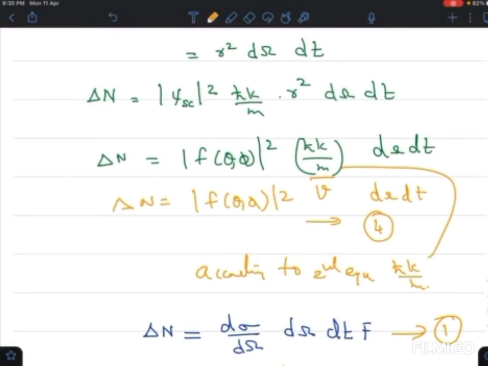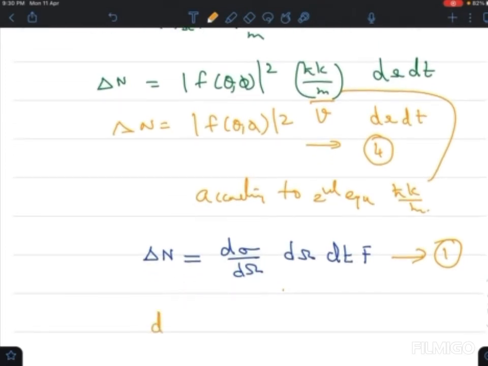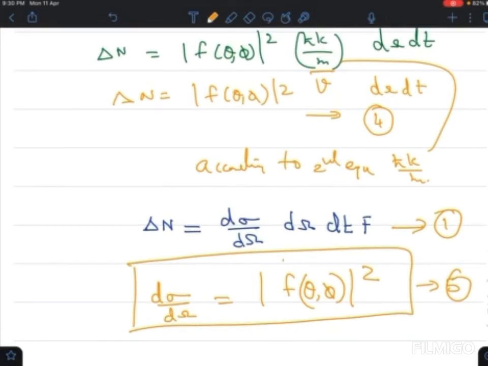So when comparing equation 4 with 1, we can see that d sigma by d omega is equal to modulus of f of theta phi the whole square. This is a very important result. It is a relation between f theta phi modulus square and the scattering cross section.